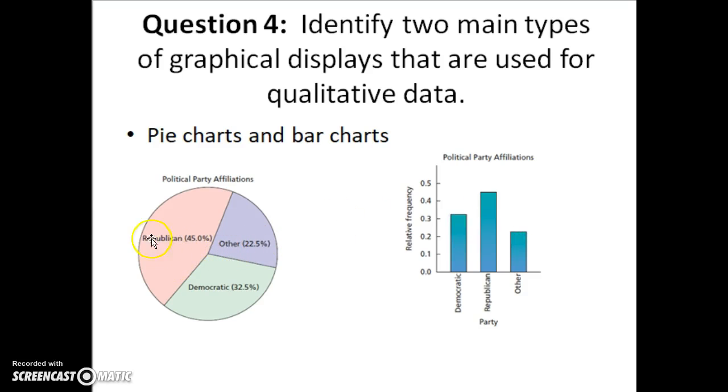You divide the pie accordingly using those relative frequencies, and you place the bars, raising the bar until you get the number for the relative frequency for that value. This is how you use pie charts and bar charts.